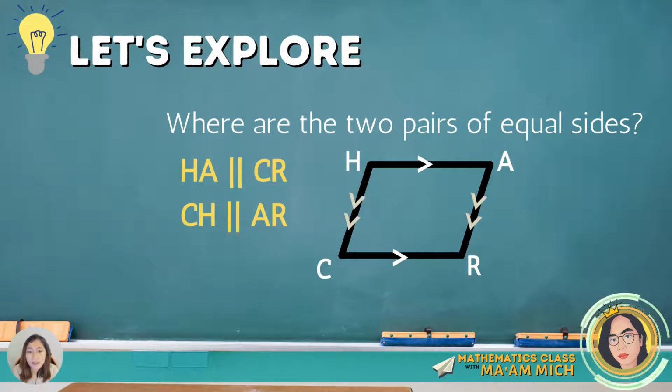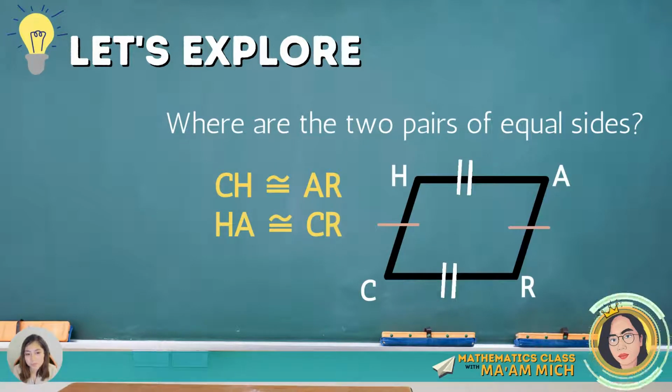Next, where are the 2 pairs of equal sides? We have here side CH is congruent to side AR and side HA is congruent to side CR. So, ito naman yung symbol na nagpapakita ng congruency ng sides ng parallelogram natin.